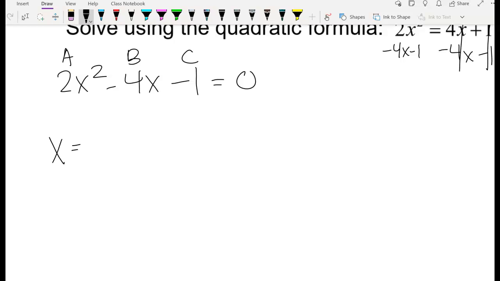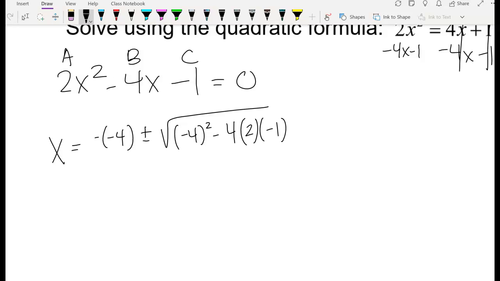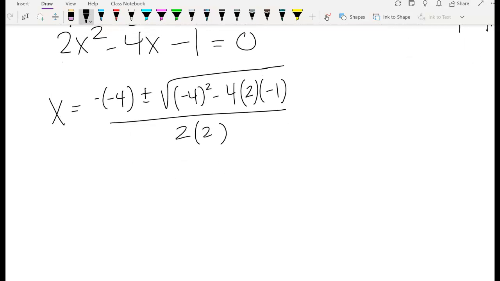So -b, so -4 plus or minus, remember those parentheses, -4 squared minus 4 times A, which is 2, times C, which is -1, all over 2 times A. All right, negative makes a +4.